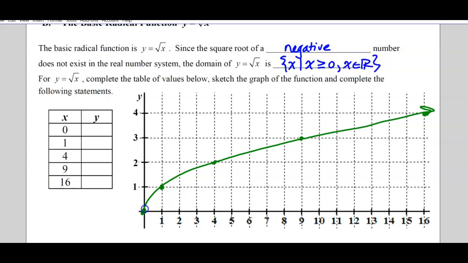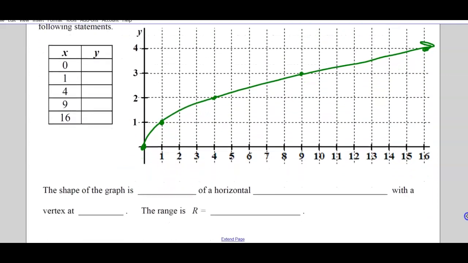Okay. You can go to table values and do it. So domain of your base radical function is x has to be greater than or equal to 0. Just always remember that you can't take the root of a negative. That's going to help you get the domain of any radical function.